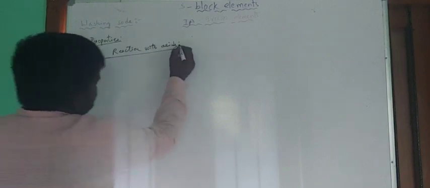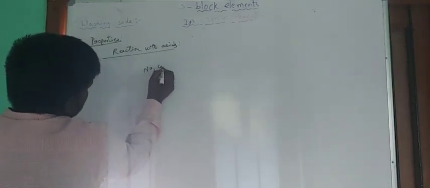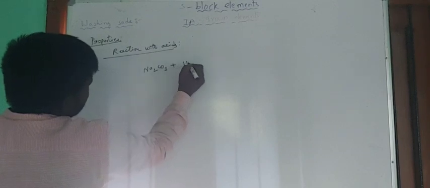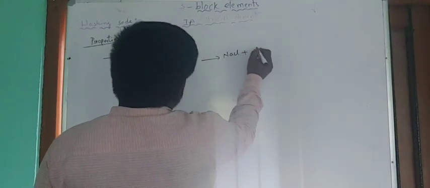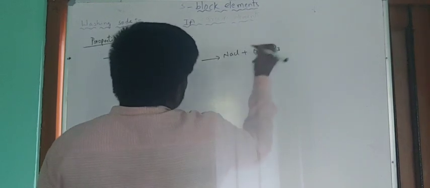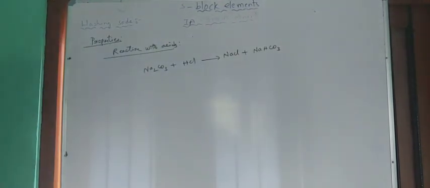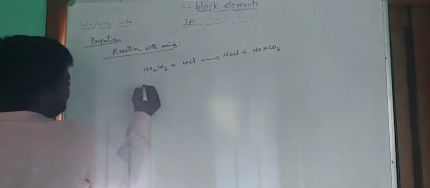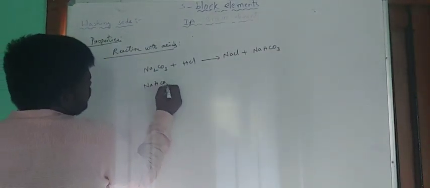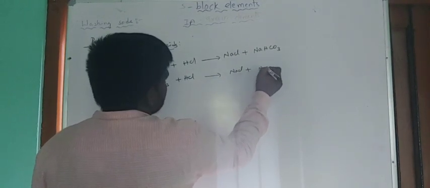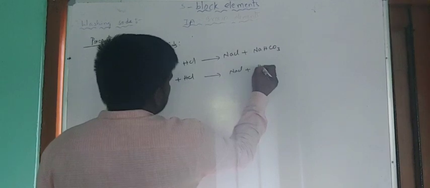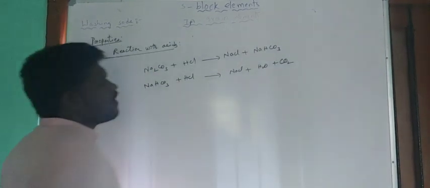Okay guys. So this Na2CO3, when it is treated with HCl, from this we can get NaCl plus NaHCO3, and this one, when you treat further with HCl again, you will get NaCl plus H2O plus carbon dioxide.